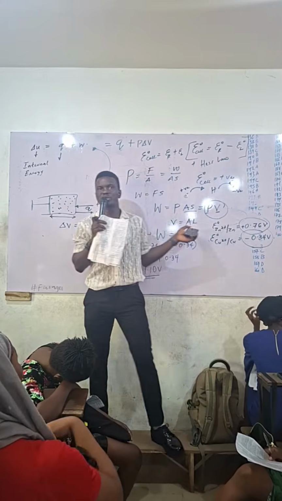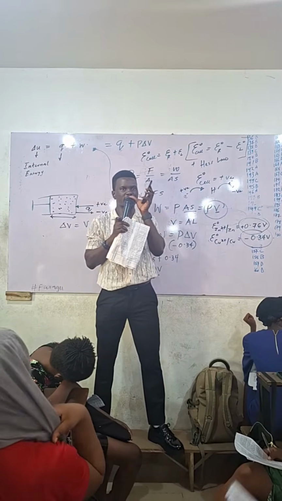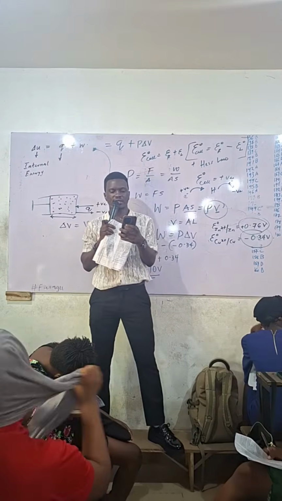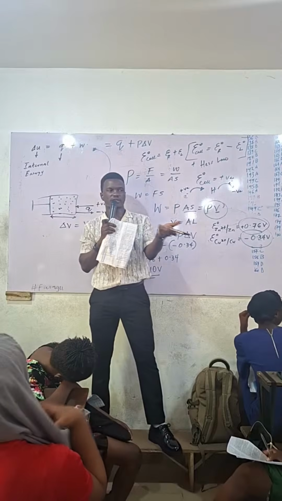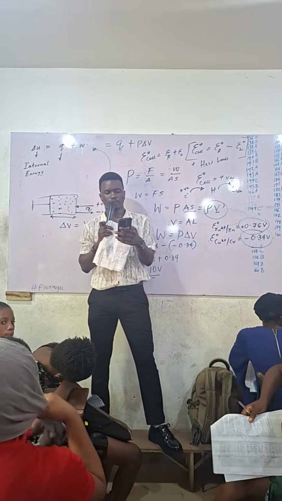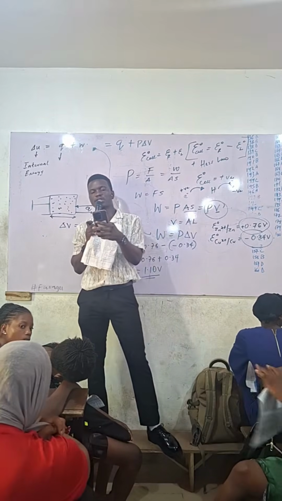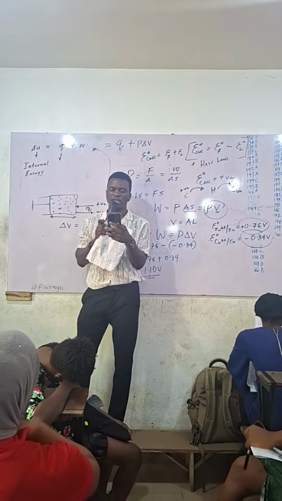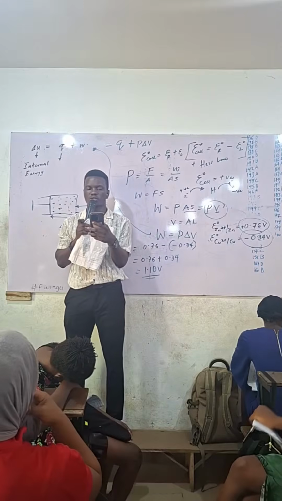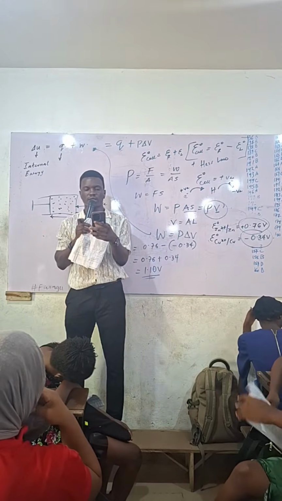It's just the same thing I explained. Now look at it. You can still question this. It says that the electromotive force, often denoted as E cell, is the maximum potential difference between the two electrodes of a cell when no current is flowing.